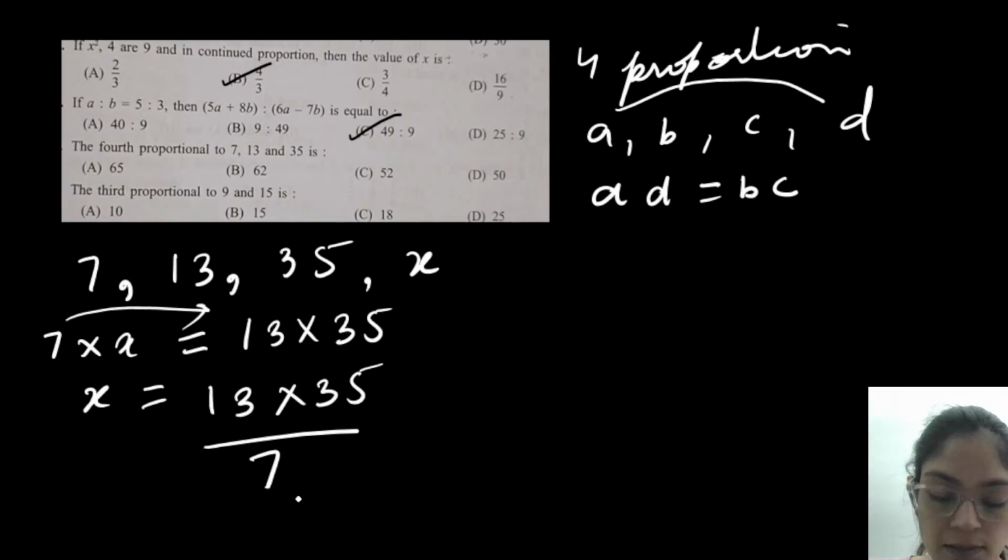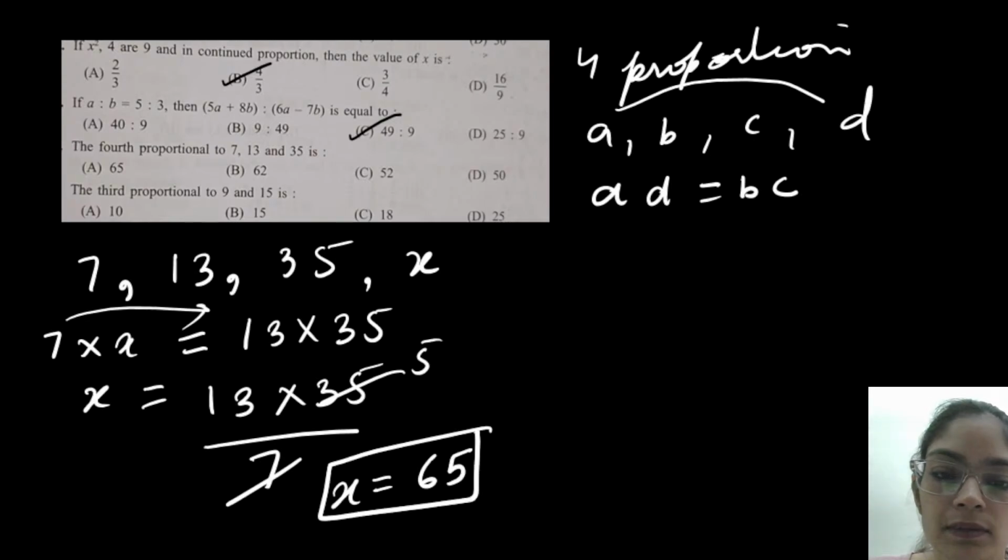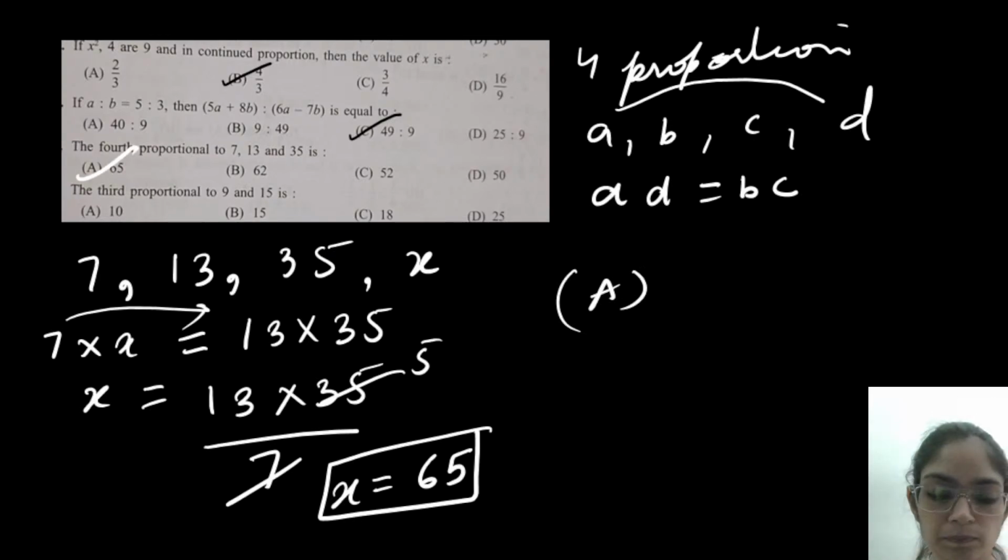What is the answer for X? 7 into 5, so 13 into 5 we can write. So X is equal to 65. Which option? Option A. X is equal to 65. Yes, the fourth proportional is equal to 65.